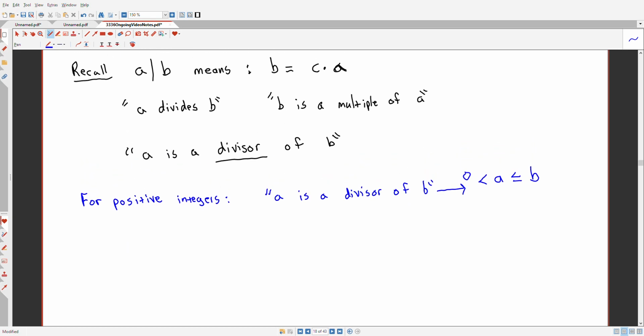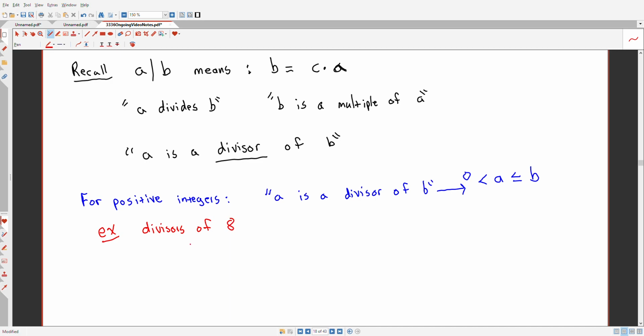I just want you to keep that in mind, that for a lot of what we're going to discuss, when I'm dealing with positive numbers and I throw around the word divisor, I'm going to be thinking of a divisor as a smaller number than the second number, the number playing the role of B. So, for example, we could ask for the divisors of the integer, let's say 8.